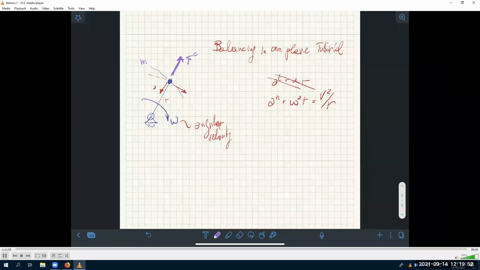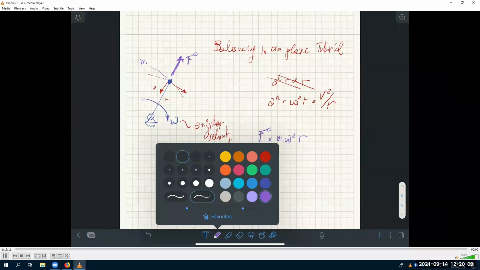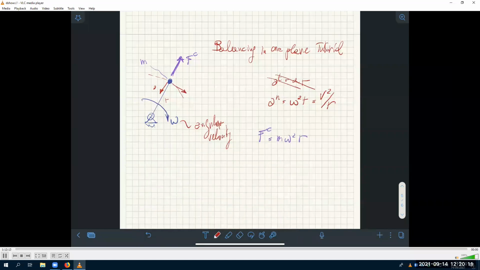So the centrifugal force is mass times omega squared times r. If this is going round and round, the free body diagram of this link has the reaction force of the pin, which is also equal to Fc, because everything is going at constant speed.